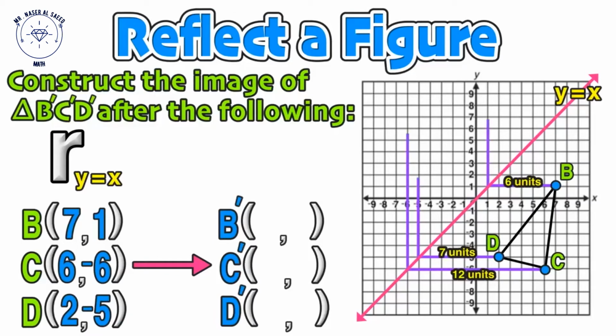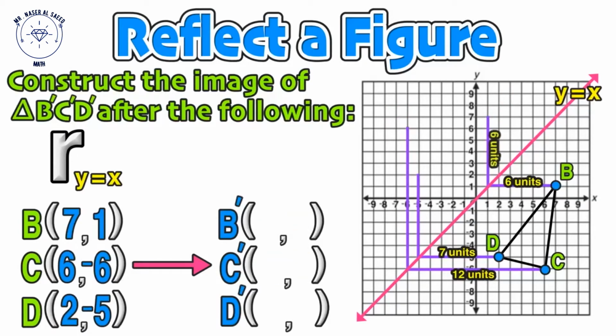Now, since y = x is a diagonal line equation, when we count on the other side of the line of symmetry, we are going to move vertically. So we started horizontally on one side and now are going to count vertically on the other.